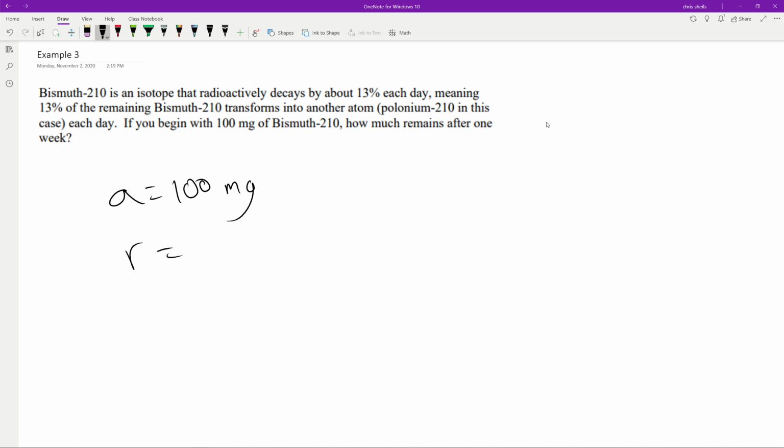Our growth rate, r, well, this is decaying, right? So our growth rate is going to be negative. This is going to be negative 13% because of this word decay that I see here. Negative 13% as a decimal is negative 0.13.